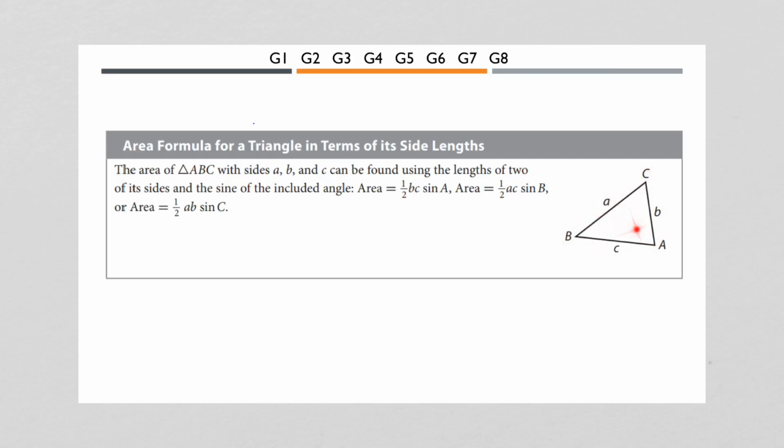And then little a, which is across from big A, little b, and little c are all side lengths. So look, BC times sine of capital A. If it says AC, what's missing is B, so sine of capital B. And here you have AB, you're missing C, so sine of angle C. So hopefully you guys see the pattern.